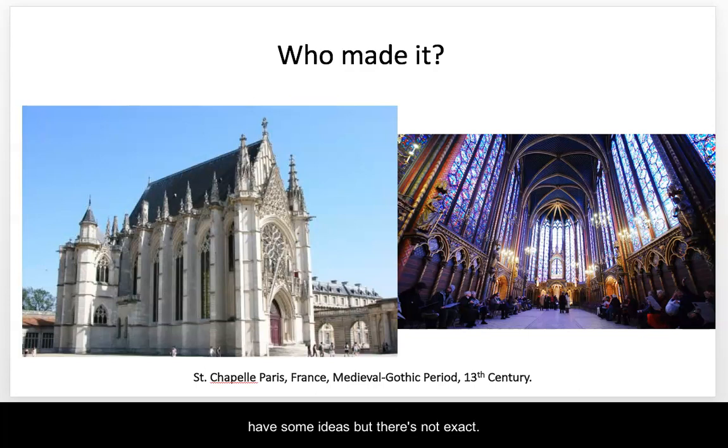We may have some ideas, but there's not an exact person that we know about who made every part of it, or the parts of the stained glass. I think with this piece, it's pretty obvious that it was probably a large grouping of people who made it. There were people with specialties like stonemasons, people who specialized in stained glass, etc. So this is attributed to a group, but we don't necessarily know who made it exactly.